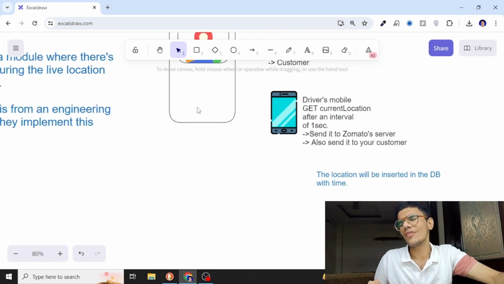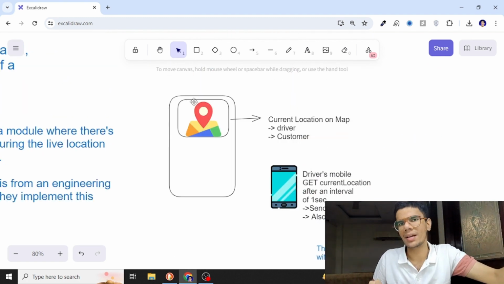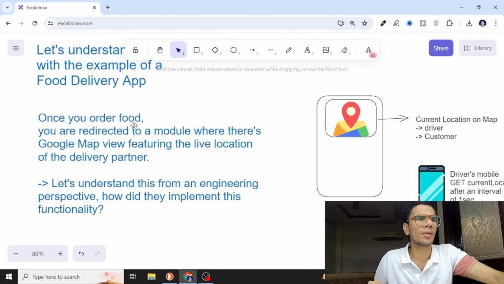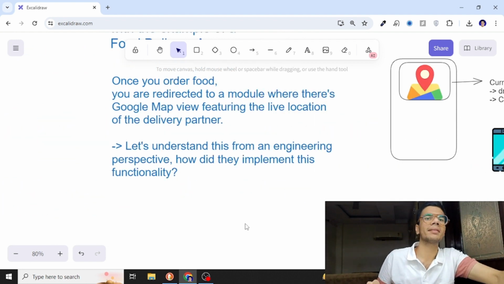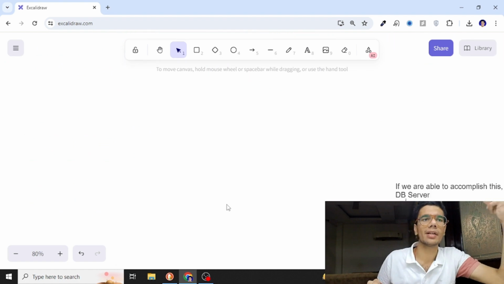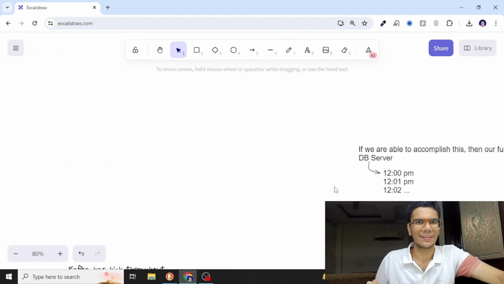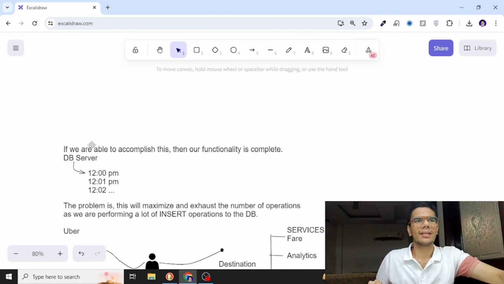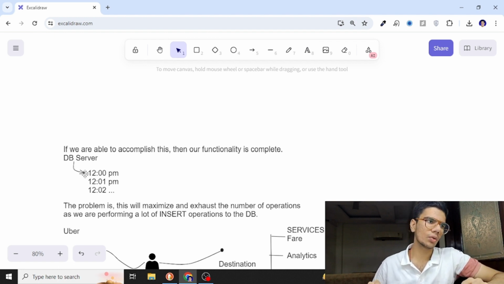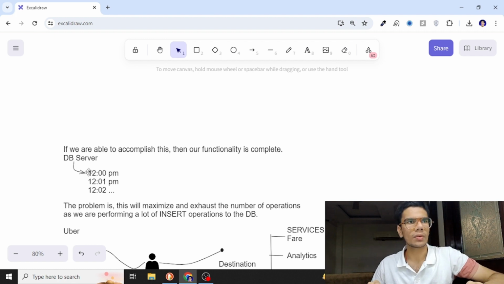Now, if we want to implement something of this sort, let's ponder how they must have implemented this functionality from an engineering perspective. The functionality is somewhat like this. For example, the delivery partner dispatches your food at 12 p.m. The location will be updated every 1 second, but let's assume for simplicity's sake every 1 minute.